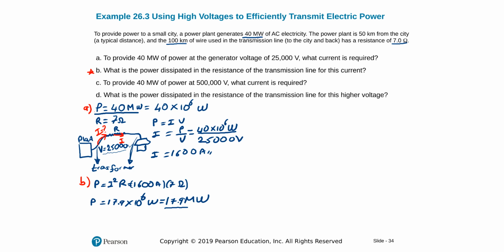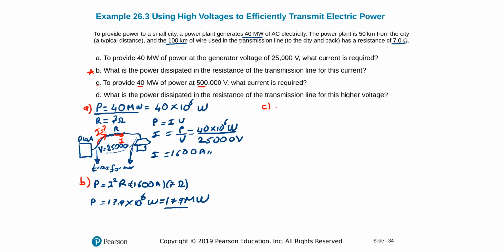Now the second part, C and D, is asking us, how about if we increase the voltage we transmit the power? So C says to provide 40 megawatt of power at 500,000 volt, what is the current? And D, as you might have guessed, will ask, well, how much power is dissipated now through the resistance. So we'll do that.